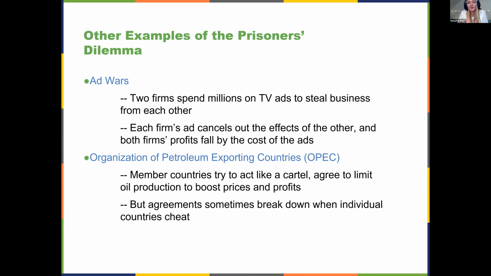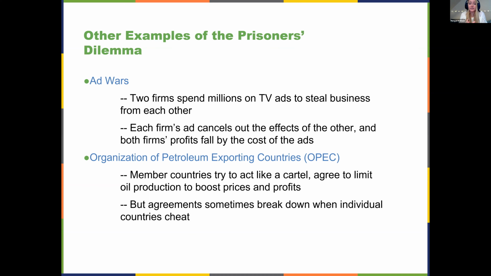So hopefully this explanation of the prisoner's dilemma was a useful, fun way to explain how complicated this interdependent behavior of oligopolies actually is. And we can use this prisoner's dilemma setup in game theory to analyze a whole ton of different situations that exist in the real world.